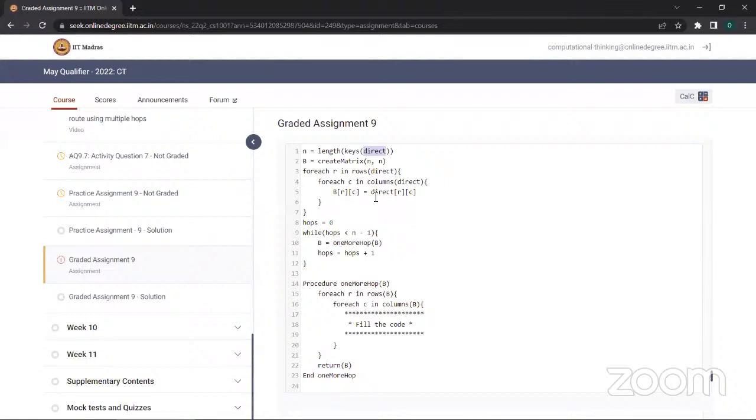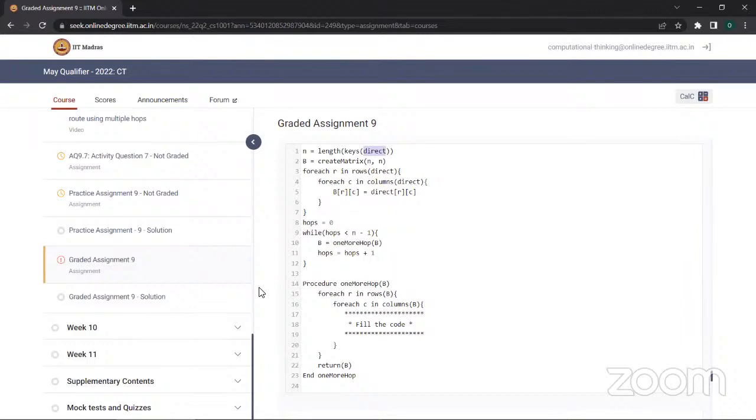Of course, the train will stop at some stations in between, but that's not the point here. There is a train which starts from Mumbai and goes to Bangalore. You don't have to change the train in order to reach from one city to the other. That's what direct is. If that is the case, then you will have one for that particular entry between those two cities. Understood? Yes, sir.